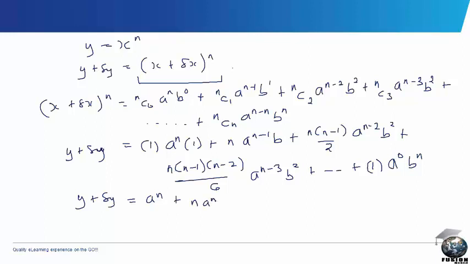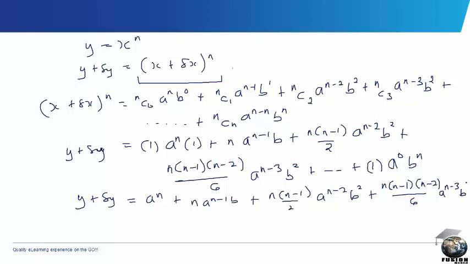Then n into a raised to power n minus 1 b plus n into n minus 1 over 2 a raised to power n minus 2 b raised to power 2 plus n into n minus 1 n minus 2 all over 6 a raised to power n minus 3 and b raised to power 3, and plus, up to b raised to power n. Alright, so we'll stop at this point.